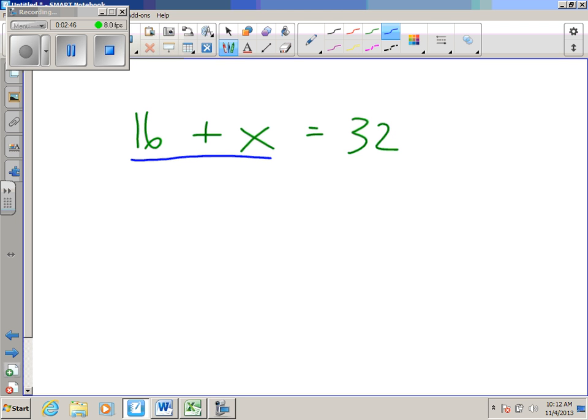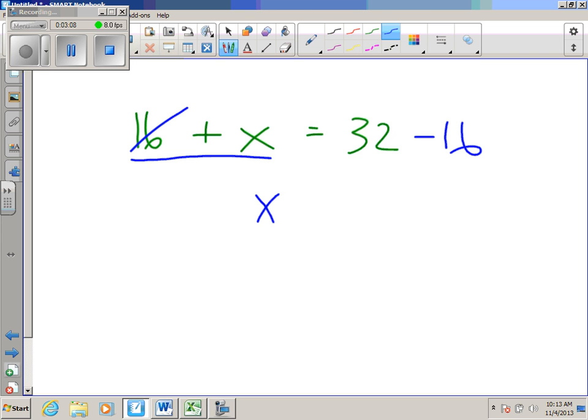Adding 16. Now, we could either call it adding 16, or is this a positive 16 or a negative 16? Positive. How would I get rid of a positive? Subtract, right? The opposite. So let's subtract 16.